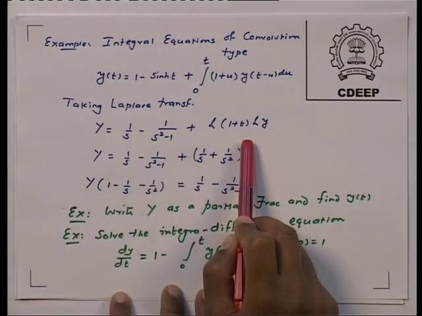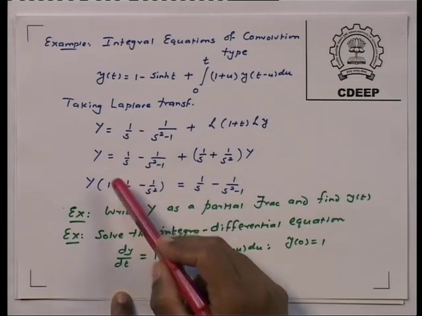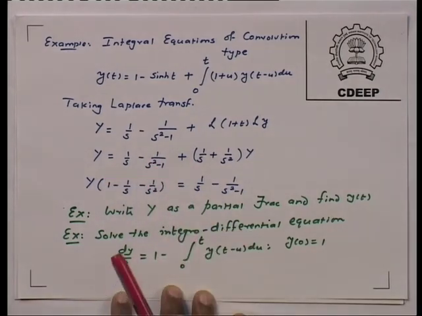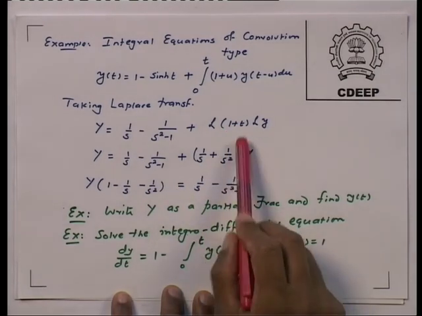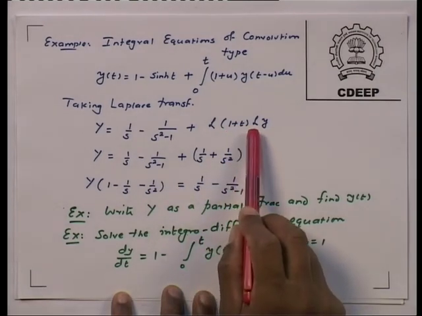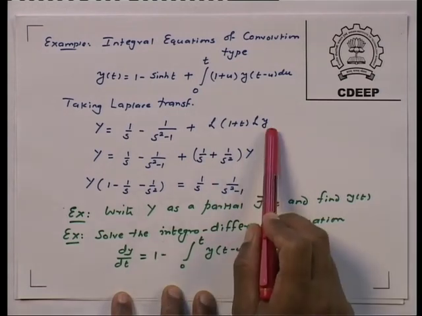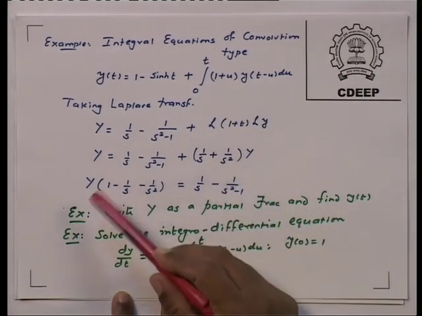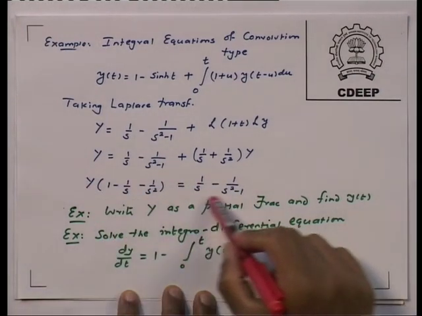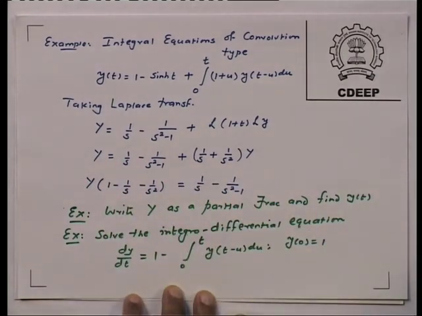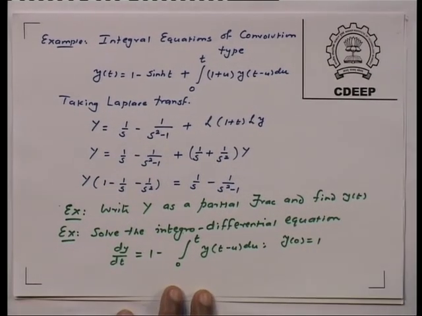So Y equals 1 over s minus 1 over s squared minus 1 plus (1 over s plus 1 over s squared) times Y, since the Laplace of t is 1 over s squared. So once again you have capital Y times (1 minus 1 over s minus 1 over s squared) equal to 1 over s minus 1 over s squared minus 1. Write just this expression please, because there is an exercise for you.